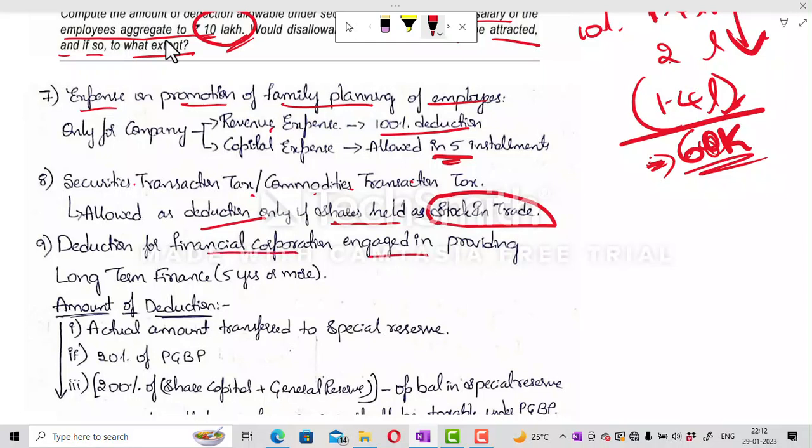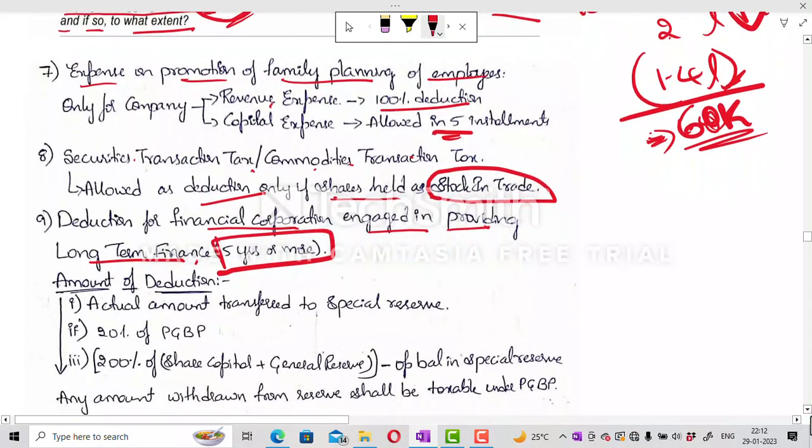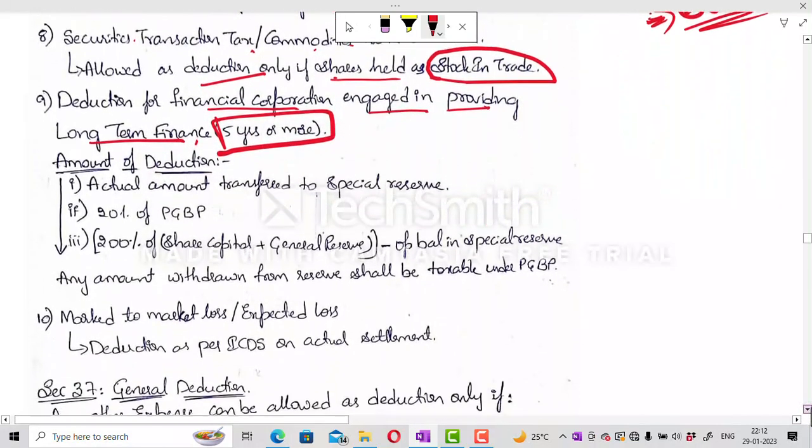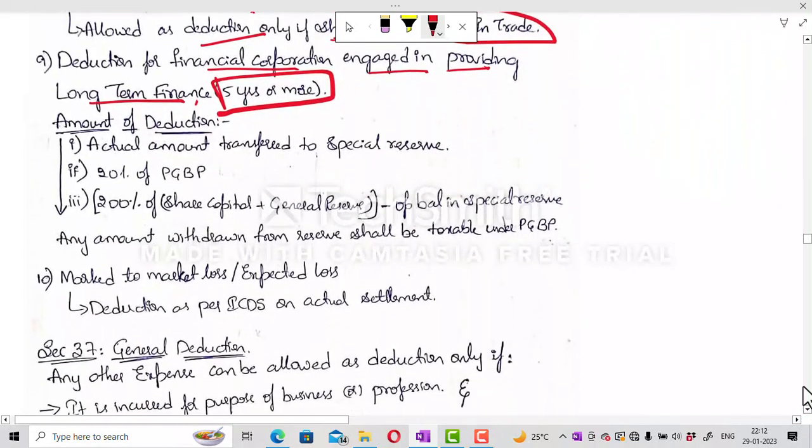Deduction for a financial corporation engaged in providing long-term finance, that is more than or equal to 5 years, minimum 5 years. Then we can take the deduction. How much? Actual amount transferred to the special reserve, or 20% of PGBP, or 200% of share capital plus reserves.